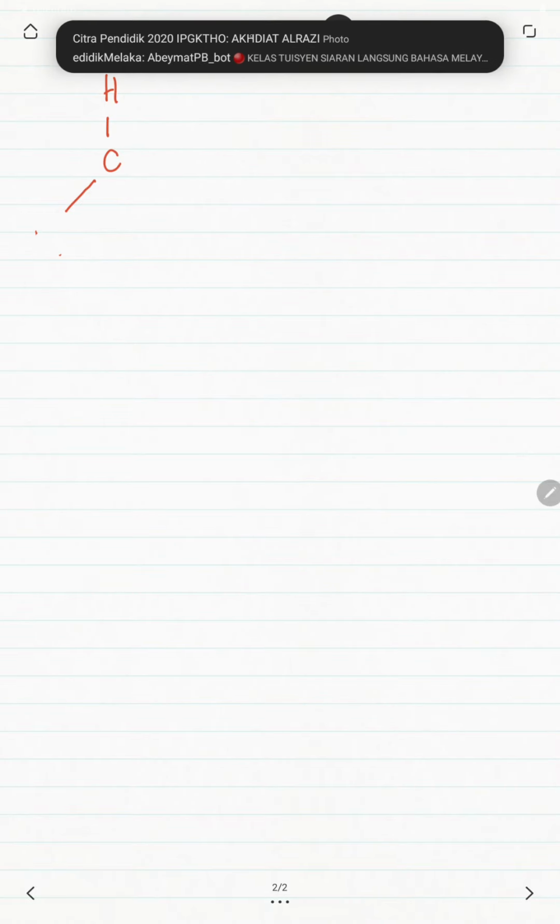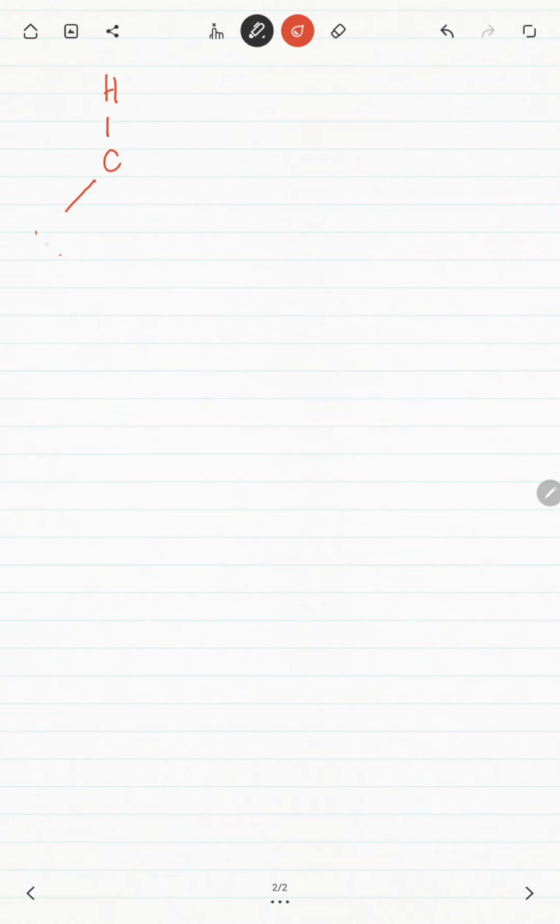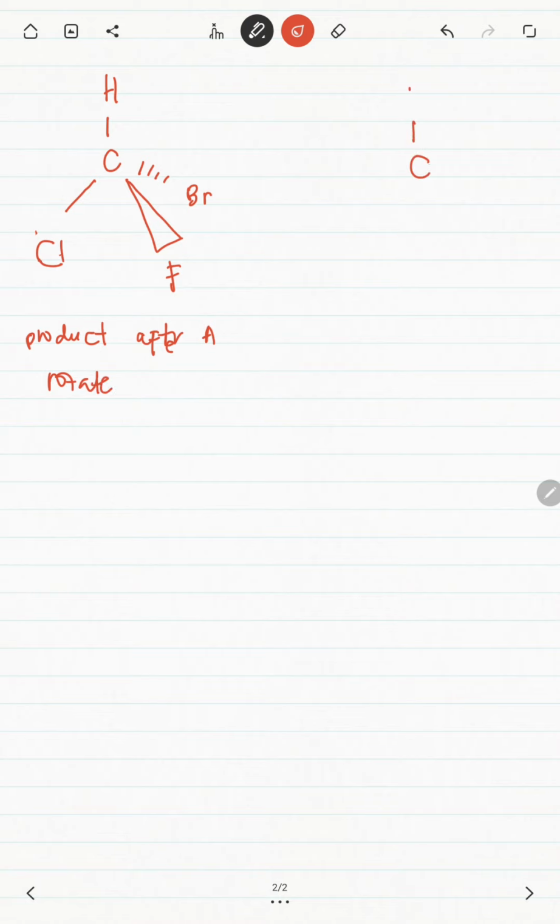So this is our product after rotation: chlorine, fluorine, bromine. This is the product after A rotates, and the remaining structure B has the chlorine atom, fluorine atom and bromine atom. So this is structure B.